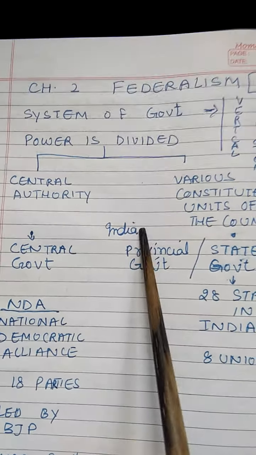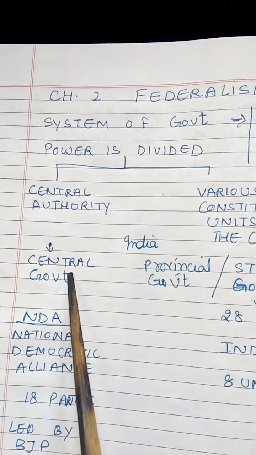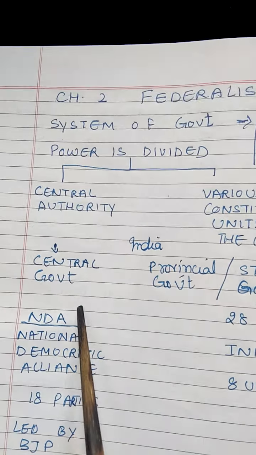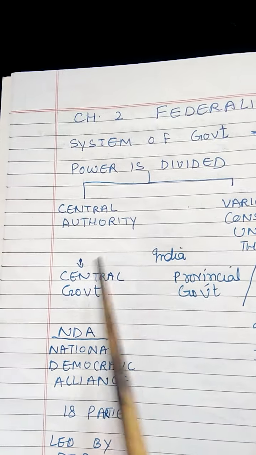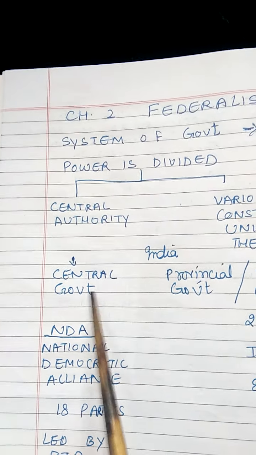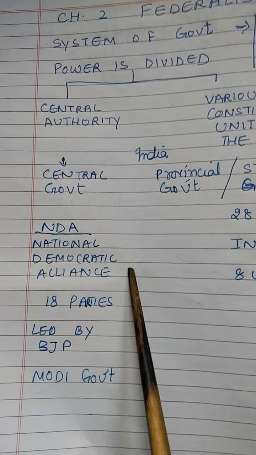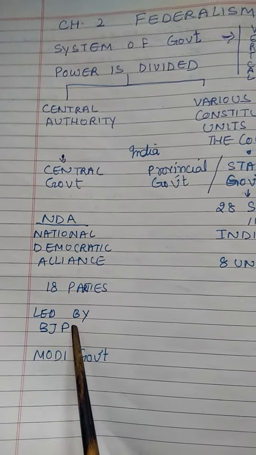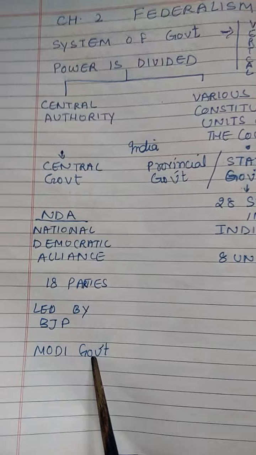Now, for example, if we talk about India, we have the central government. When we talk about the parliament, we talk about Lok Sabha, we talk about MPs, etc. When we talk about the central government in India, it is the NDA, National Democratic Alliance, which is an alliance of 18 parties, led by the BJP, which is the majority party, or in common words we may even call it the Modi government.